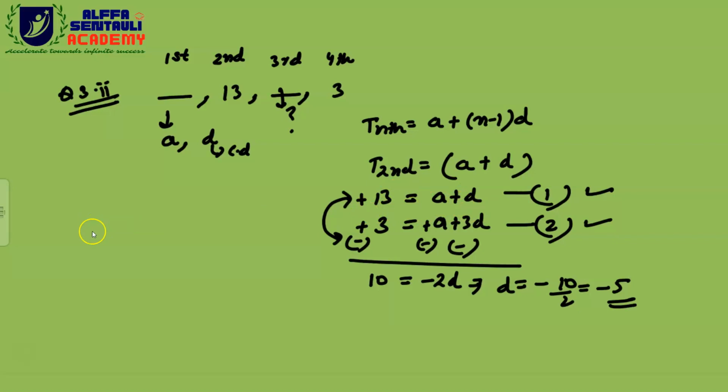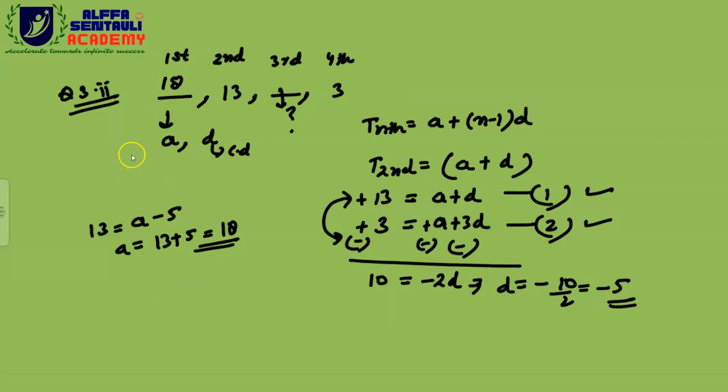So plus 13 is equal to A, we need to find A, D we have calculated, that is minus 5. So what should be A? A should be 13 plus 5. 13 plus 5 is how much? 18. Correct? So your first term should be 18. You can write here 18.